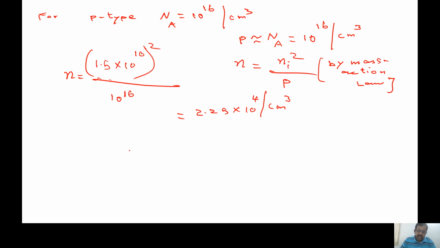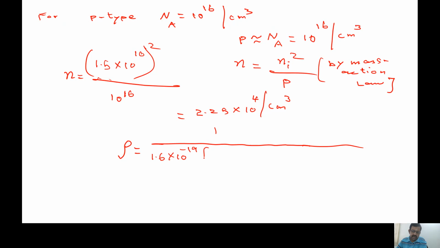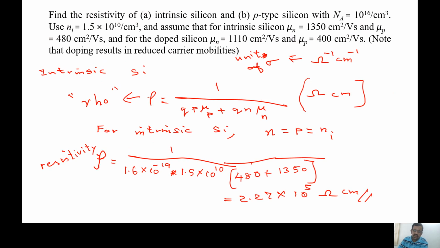So now the answer is very simple. So rho, I will substitute directly here. If you look at it, 1.6 q is common, so I will set it aside, and now the n and p terms are different, therefore I have to use the same thing. Let me first substitute for the p value, 10 power 16 into the mobility of the holes, 400.